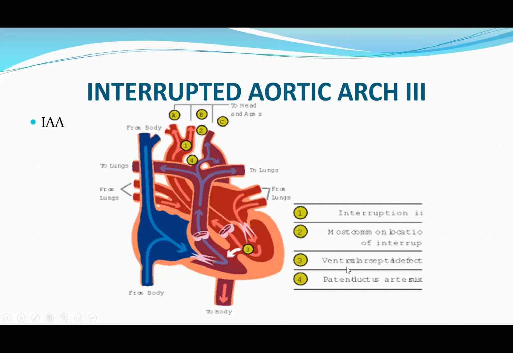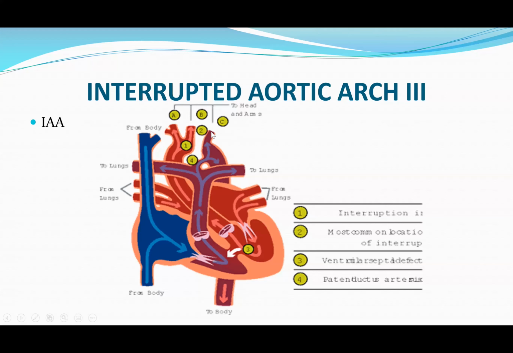And then we have interrupted aortic arch. So you can get interruption of the arch at a couple of places. It can be here between the subclavian and then the right common carotid, or between the right common carotid and the left common carotid, or it can also be here.